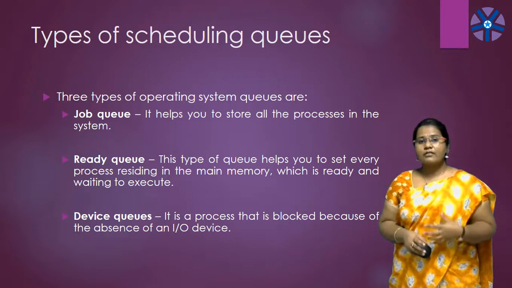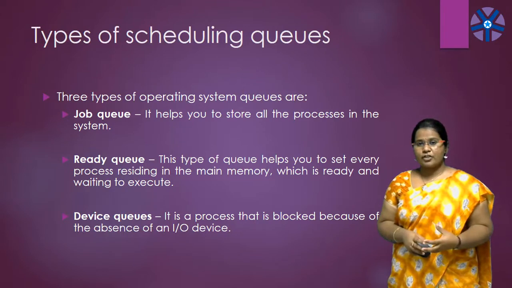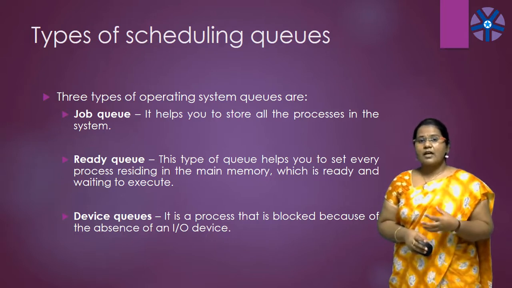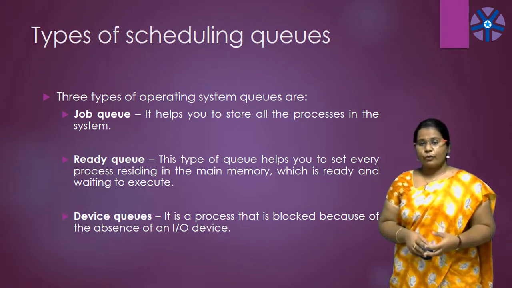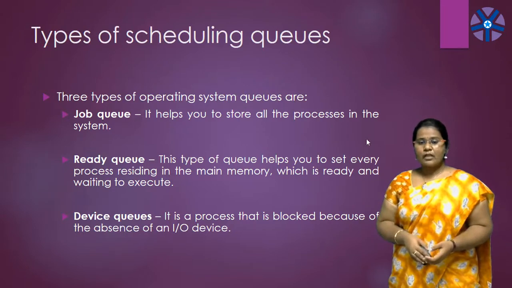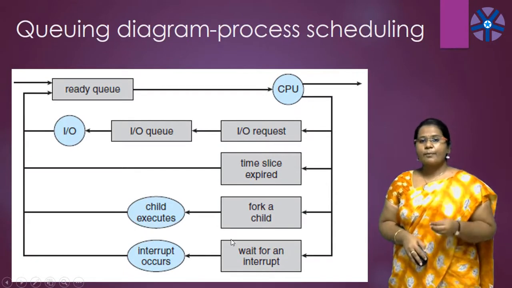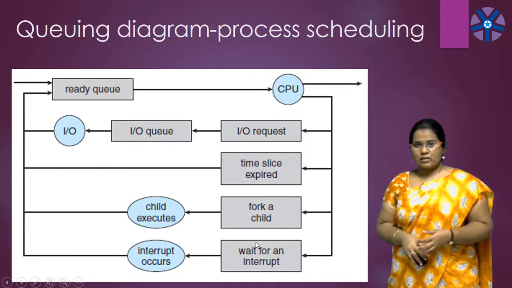If it comes out of the CPU due to an IO operation, then the operating system will place that process into the IO queue. If a process comes out from the CPU due to some interruption, then it may be placed in the interrupt queue. So you can observe the queuing diagram of a process while it is being executed.